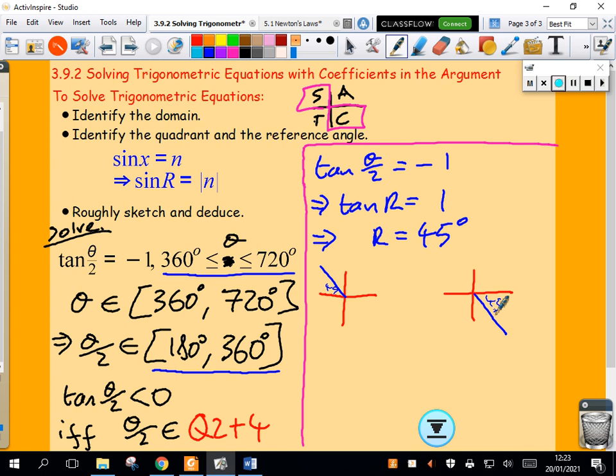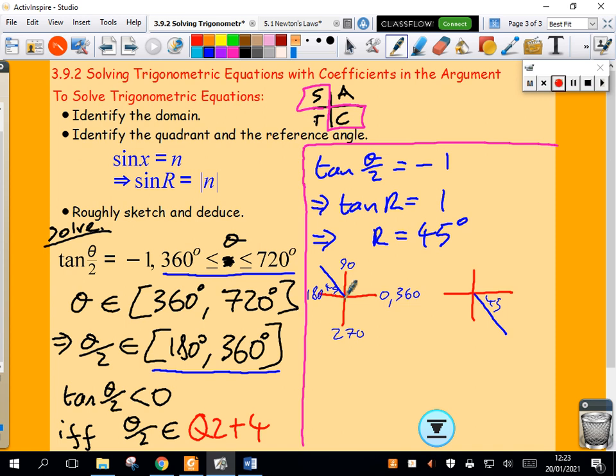Now theta over 2 has to be between 180 and 360. Now, if I go around, there's 0 degrees, 90 degrees, 180, 270, and 360.